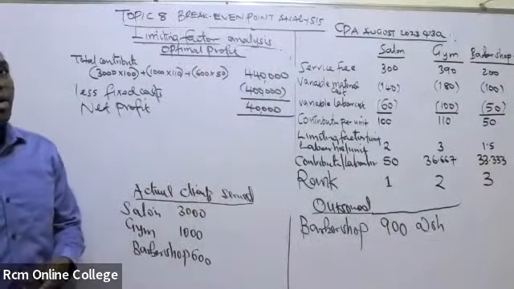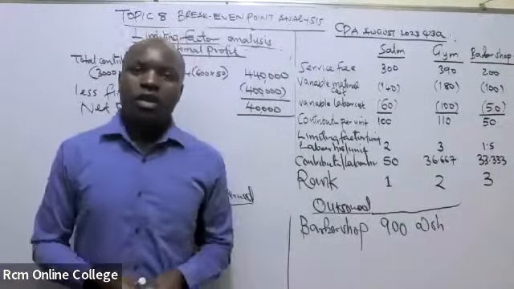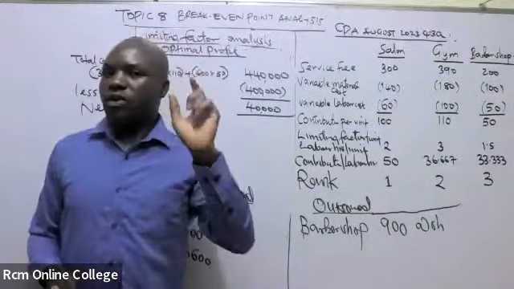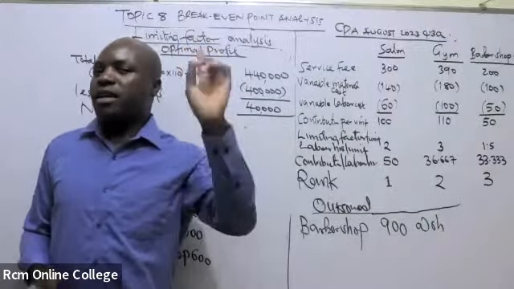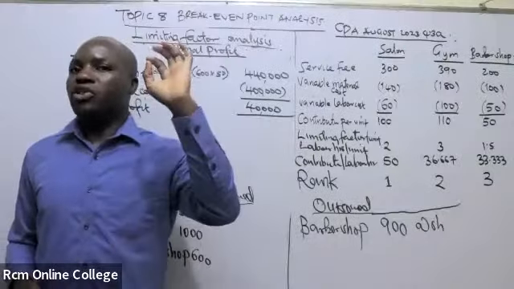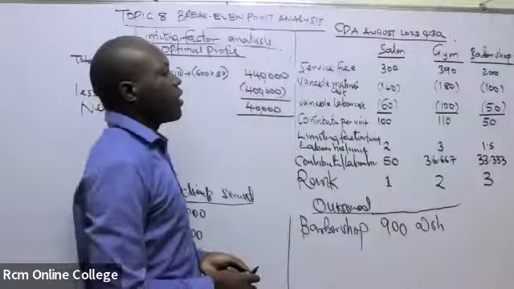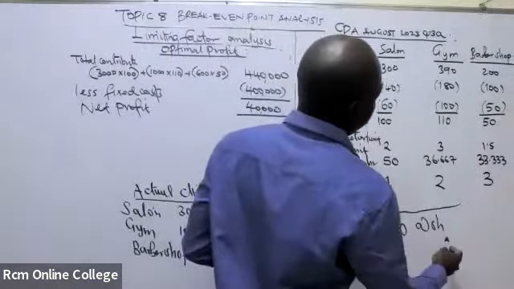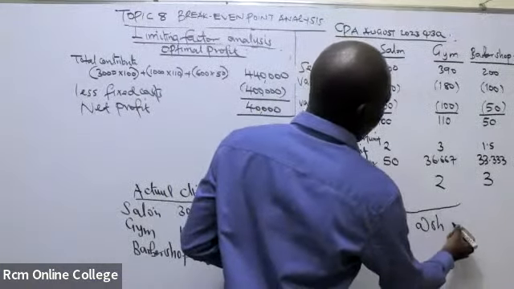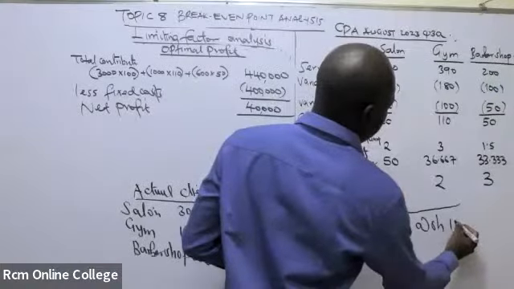Now, the next thing is, what if you are told that whatever they could not produce with the 9,900 labor hours was to be outsourced? At what cost was it to be outsourced? At 170.